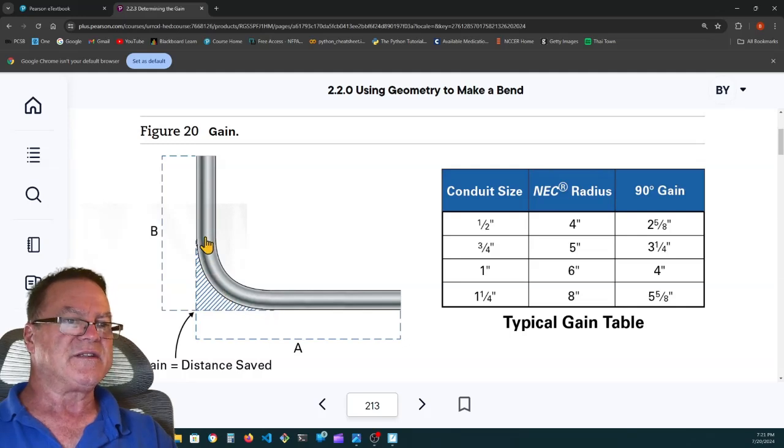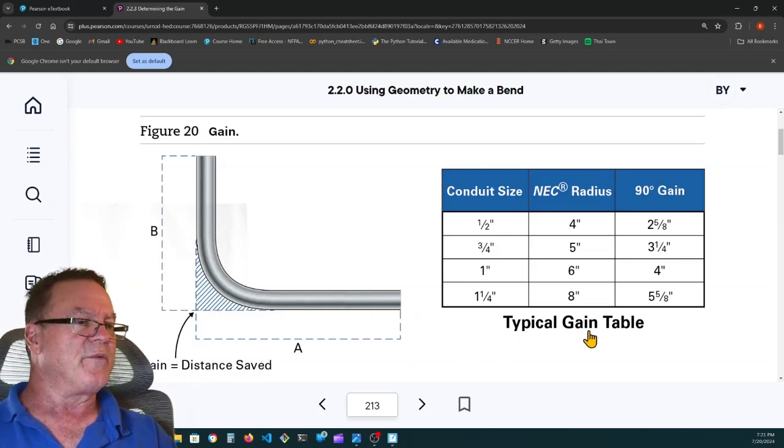It's shorter because it's taking a shortcut. It's taking a curve, which is 0.43 times the radius shorter than the measurement given here.